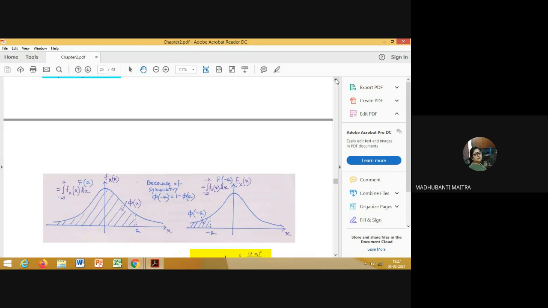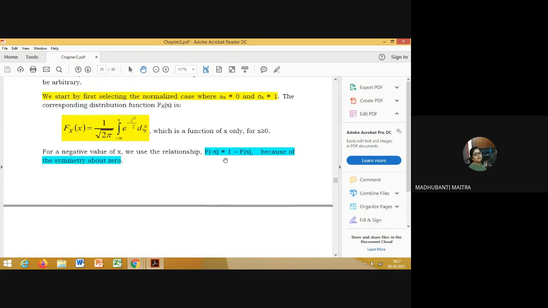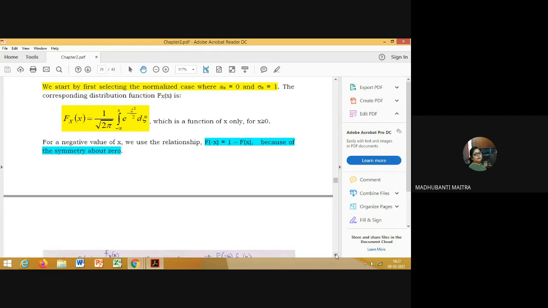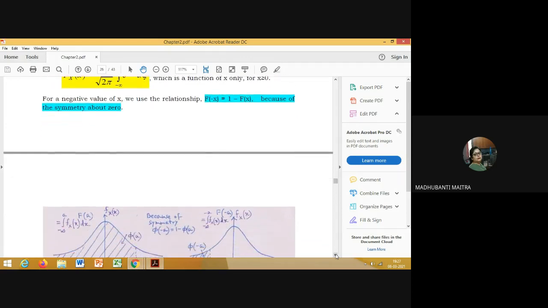Hence, we can use this relation to find the probability where the value of x is negative. So F of minus x is equal to 1 minus F of x. Why is this relation required? As I said, the table is generally available for positive values of x.